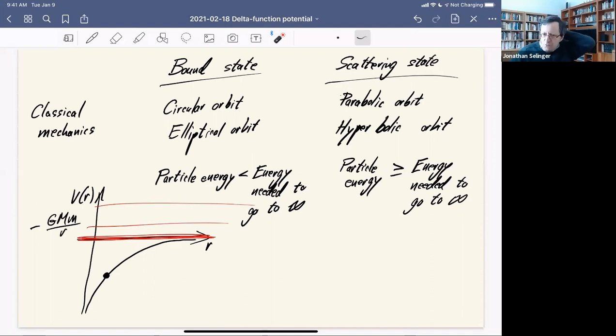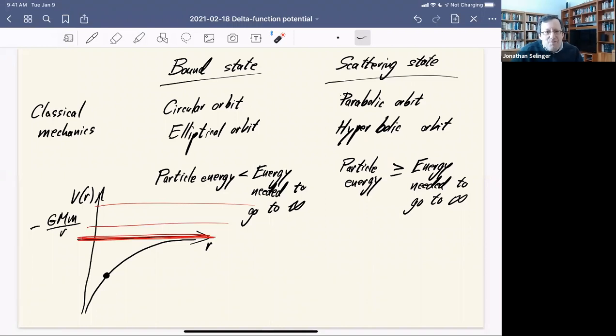Now, let's suppose we want to design a potential energy that would have both of these features. So what would we want to build into the potential energy that could do both things? Well, for sure, we want the potential energy to be not flat.